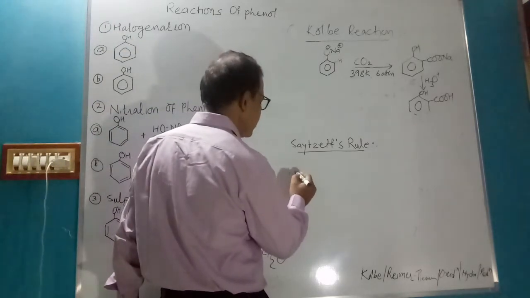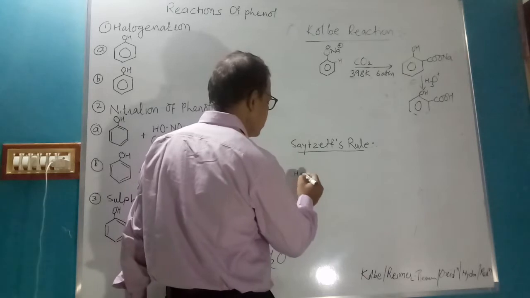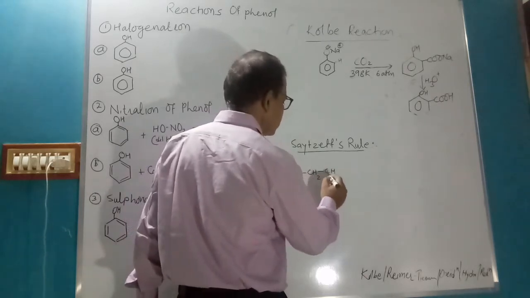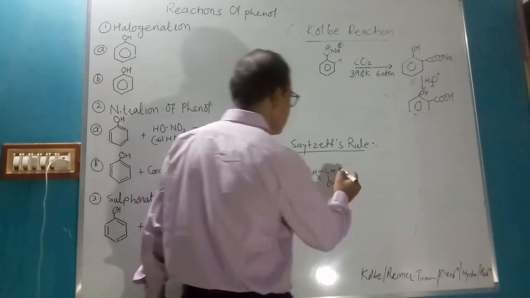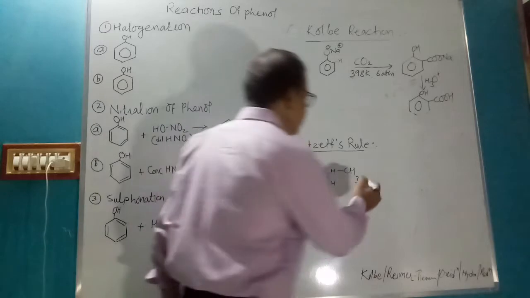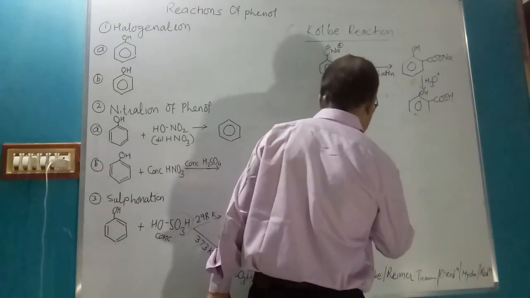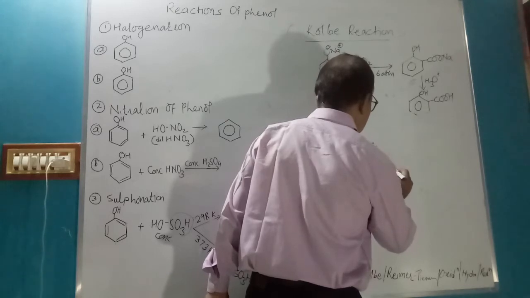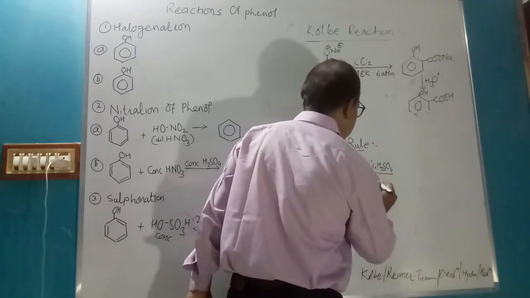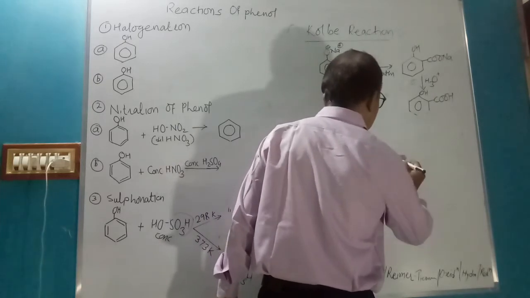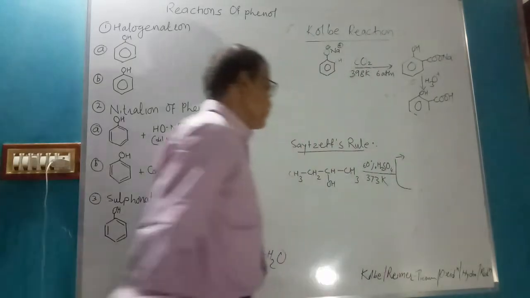For example, secondary alcohol CH3 CH2 CHOH CH3. Dehydration with 60% H2SO4 at 373 Kelvin, it gives two types of products.